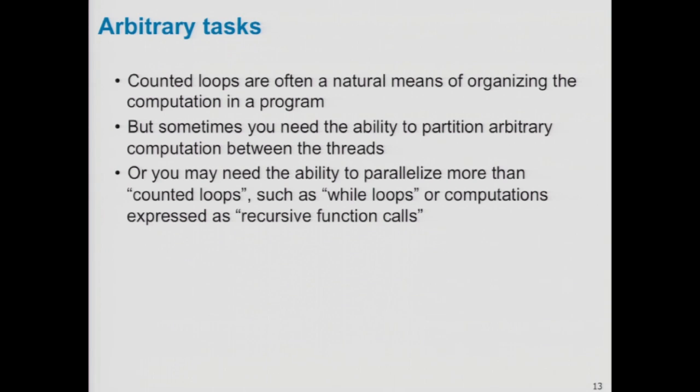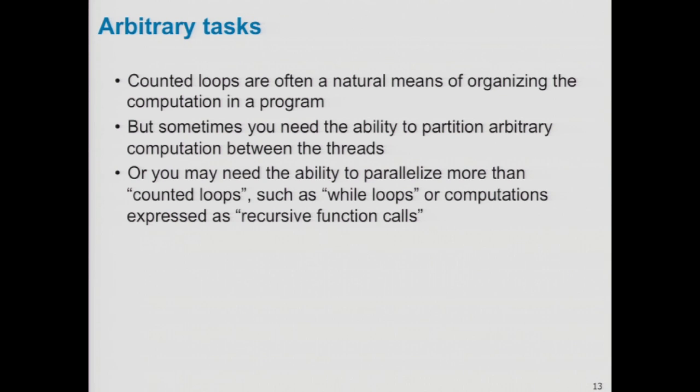The simple forms of OpenMP tend to work on counted collections. Like maybe you have an array, you have a matrix, you have a loop over some counted iteration space. And like we said, for C++, you can now use the random access iterators to specify those iteration spaces. And that works reasonably well.